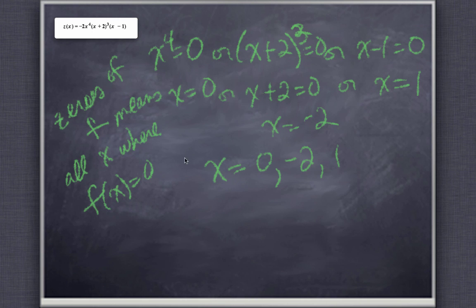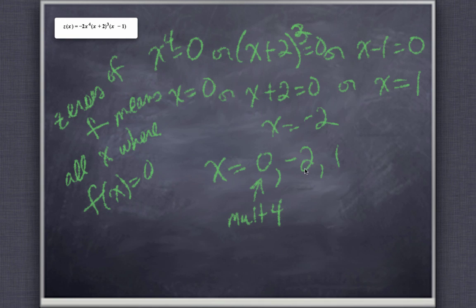So what is a multiplicity? This 0 came to us by way of us having a power on x. Whatever that power is, is the multiplicity. So if this just said x, it would be multiplicity 1, but it's to the 4th. So multiplicity 4. Just the power on the part of this that made it the 0.